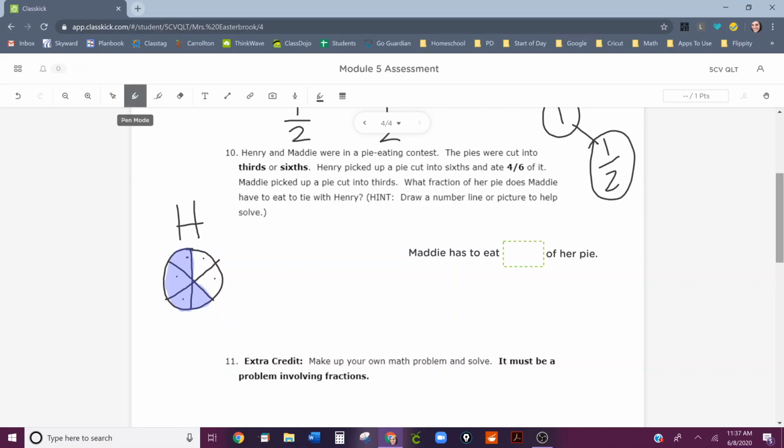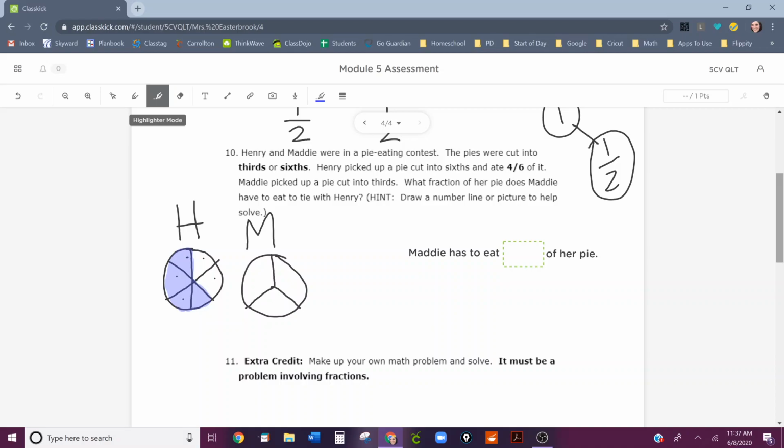Maddie picked up a pie cut into thirds. So here's Maddie's pie. Okay. Maddie's pie is cut into thirds. We have to figure out how many of her pie pieces does she have to eat to be the same as Henry.